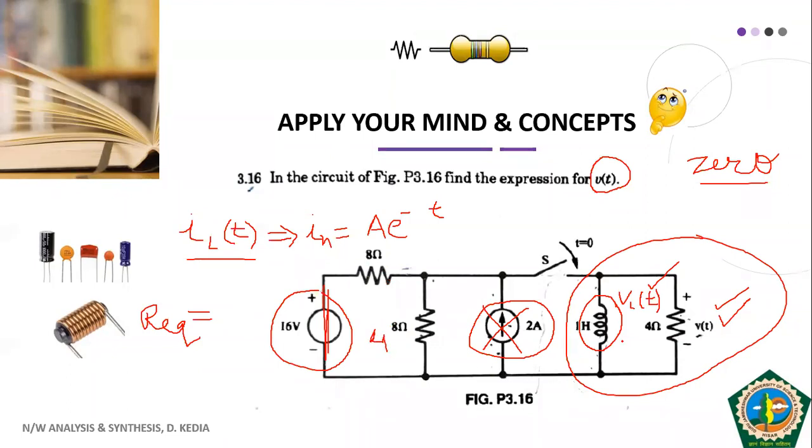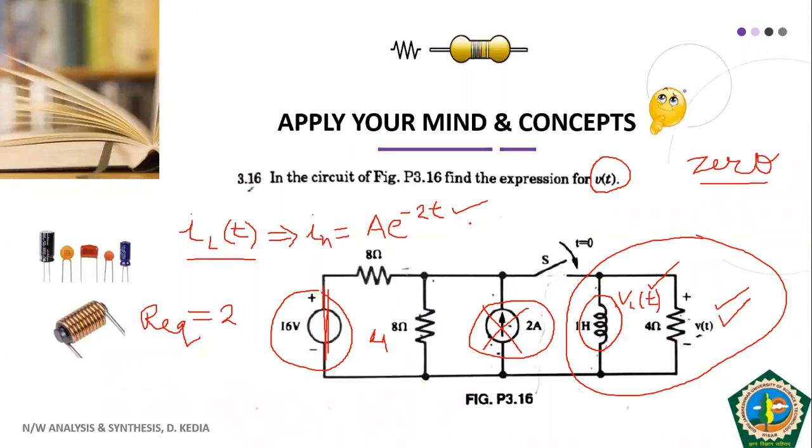So now this 4 and this 4, this will be in parallel. So effectively the equivalent resistance will come out to be 2 ohms, and the value of inductor is 1. So that's why your natural response comes out to be A e raised to power minus 2t.